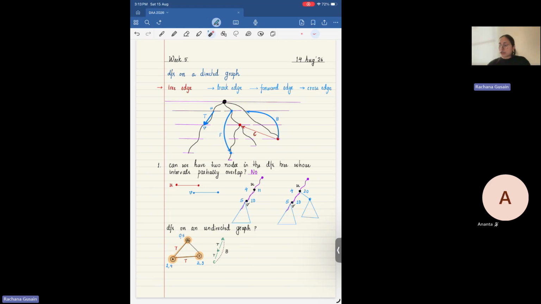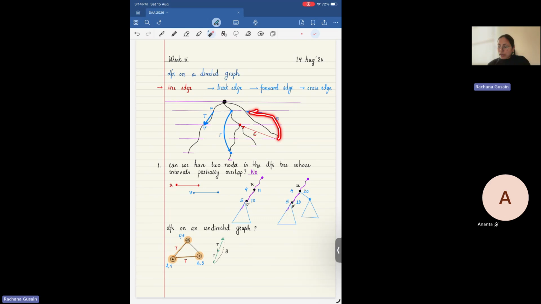So every node below this node will have lower finish time. And then when we have cross edges, it's an edge going to a node which has already been finished. So a cross edge is also leading to a node which has a lower finish time. Only a back edge is going to lead to a node which has a higher finish time. The nodes which are high up in the DFS tree will have higher finish time.